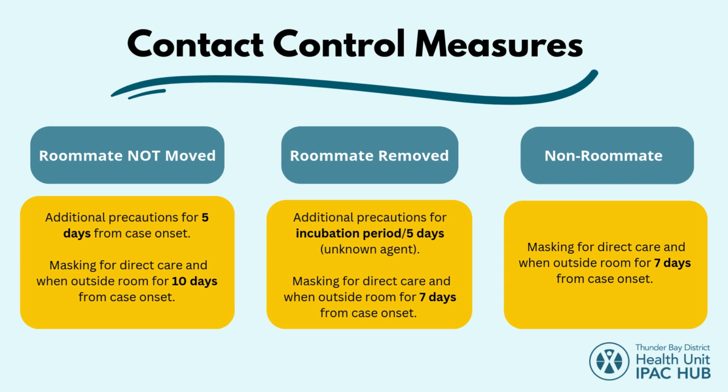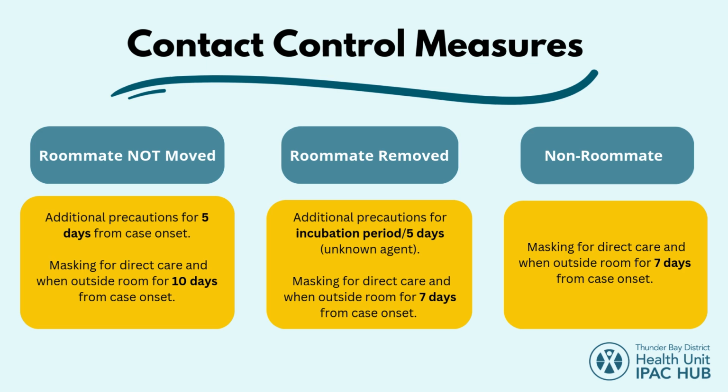For ongoing roommates, close contacts who remain in the same room should be placed on additional precautions for 5 days from the case's symptom onset, given their close and ongoing exposure. Following this period, the roommate close contact should wear a well-fitting mask if tolerated when receiving care and when outside of their room until day 10 from the case's symptom onset.